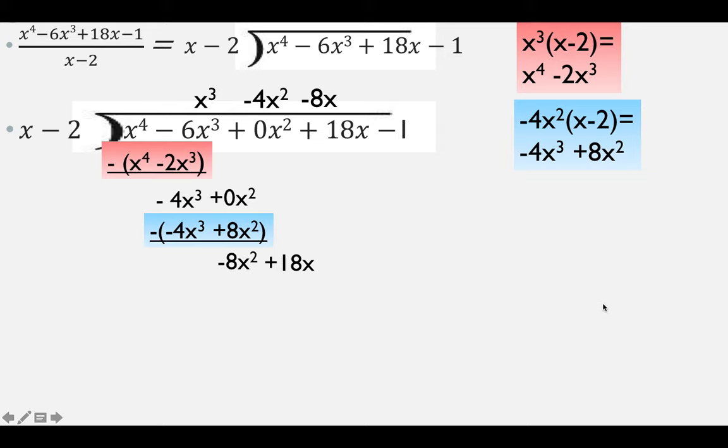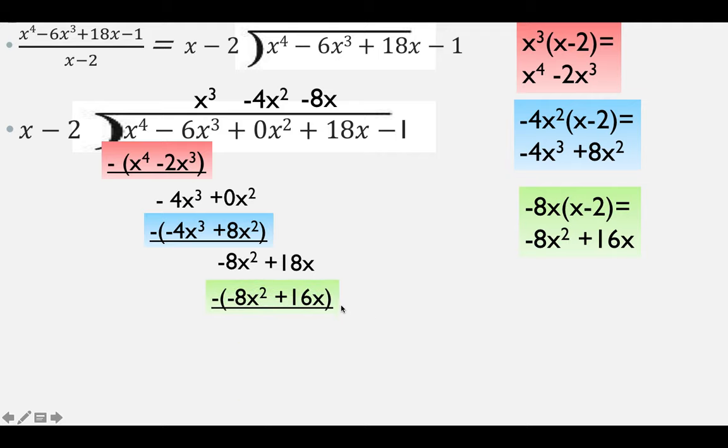Great. We're going to go to the side, do some work. Again, if you're very quick with these and can do these in your head, you don't got to go to the side and do this work. I am doing the work on the side just so it's super, super clear to you how I'm getting these answers. So I go ahead and distribute, making sure that this becomes positive. Great, this is my outcome. We're going to go ahead and bring that down and subtract, remembering to add those parentheses and distributing that negative.